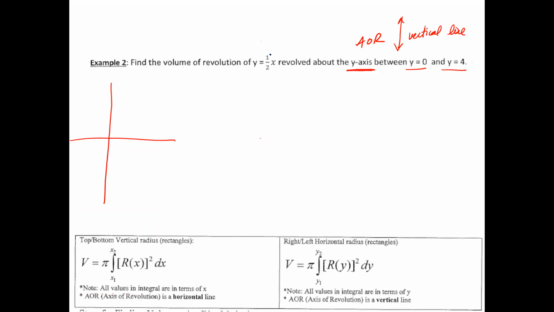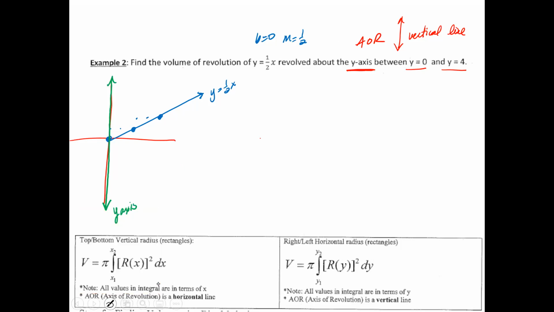if I'm drawing y equals 1/2 x, I know that my b is 0 and my slope is 1/2. So if I start at 0, go up 1, over 2, up 1, over 2. So this is my line, y equals 1/2 x. It revolves around the y-axis, so the axis that this is going to be revolving around is this line right here.